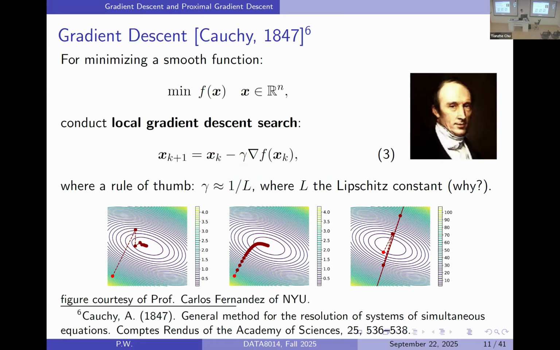Then the next question is how we can solve an optimization problem. Although we said we can use the first-order optimality condition to identify what a critical point is for a smooth function, how do we find this critical point?